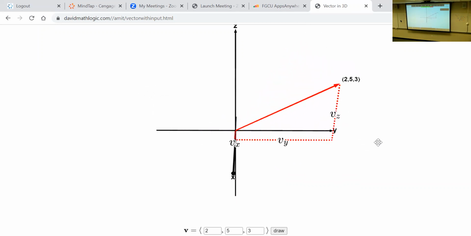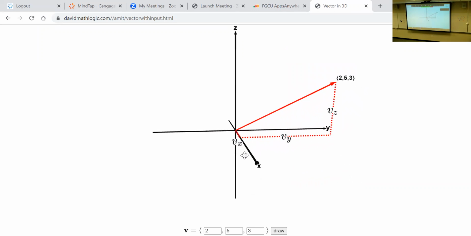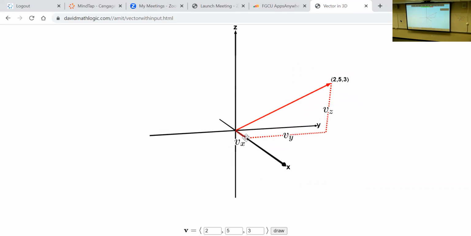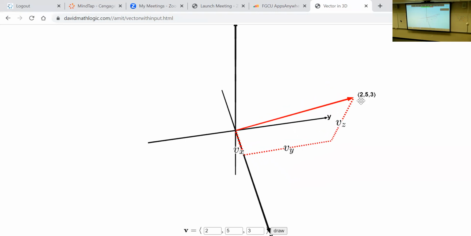So, only this time it's not just a triangle. You take a few steps this way. How many steps? 2. That way, 5, and then up 3. And if you look at the notation, it is 2, 5, 3, the point. But we've used the less than and greater than sign, the notation I wrote earlier.